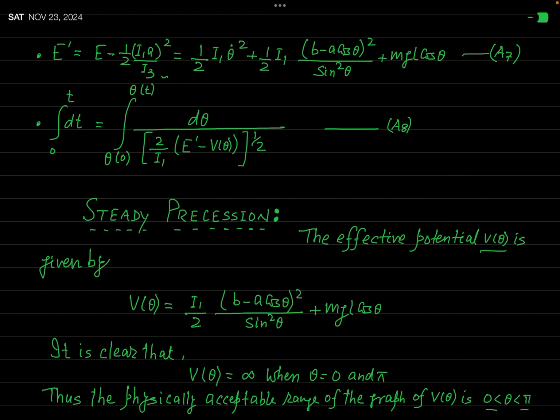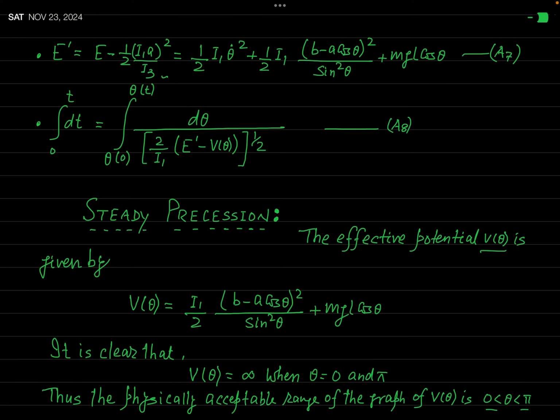After that, you have seen that since the top is moving here under the action of gravity, and you know gravity is a conservative force, this is a conservative system, and it is a well-known fact that the total mechanical energy of a conservative system remains constant. It is independent of time and position.